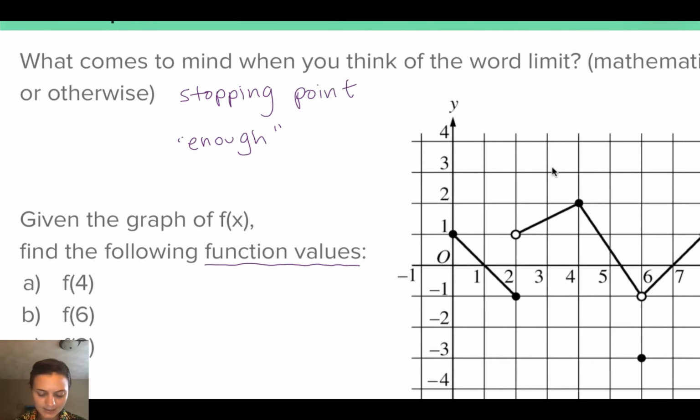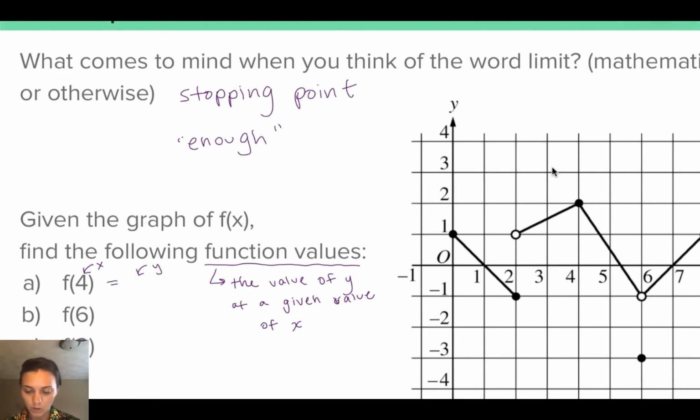But just in case you didn't, a function value is the value of y at a given value of x. So we're given a value of x, that's all of these, all the things in the argument are x values. And then we need to figure out what is the y value that matches.